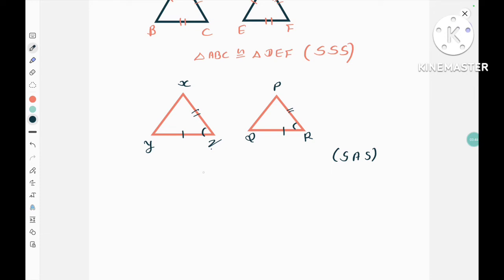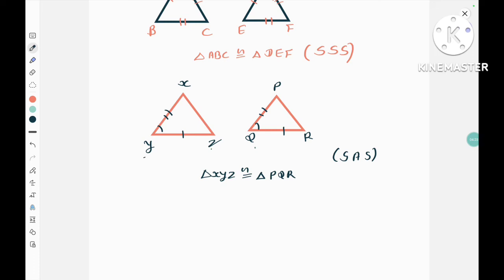So in that case triangle XYZ is congruent to triangle PQR. See, if I say side XY is congruent to PQ, then in that case we need these two sides to be congruent, and angle Y and angle Q must be congruent.